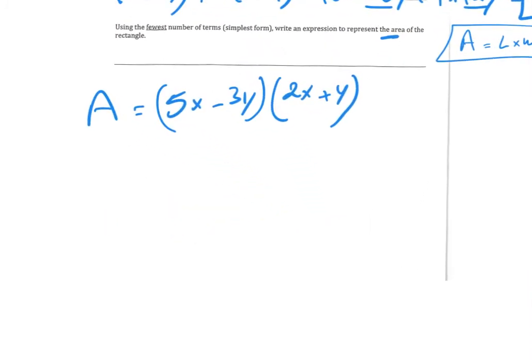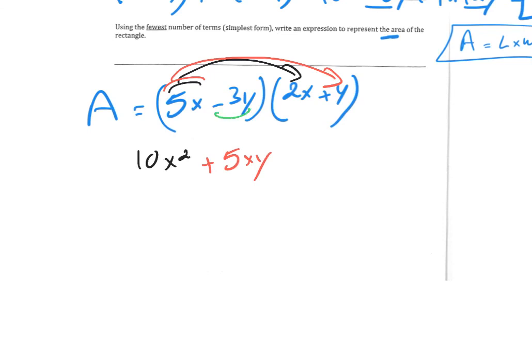And we're going to use the FOIL method here. So we get 5x times 2x, that will be 10x squared. Then the outer, 5x times y, that would be 5xy. And we have the inner, negative 3y times 2x, that will be negative 6xy.